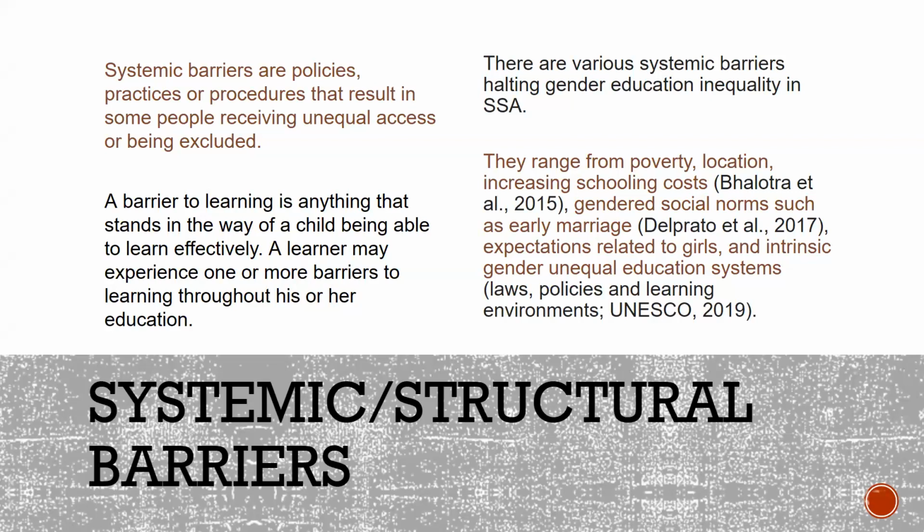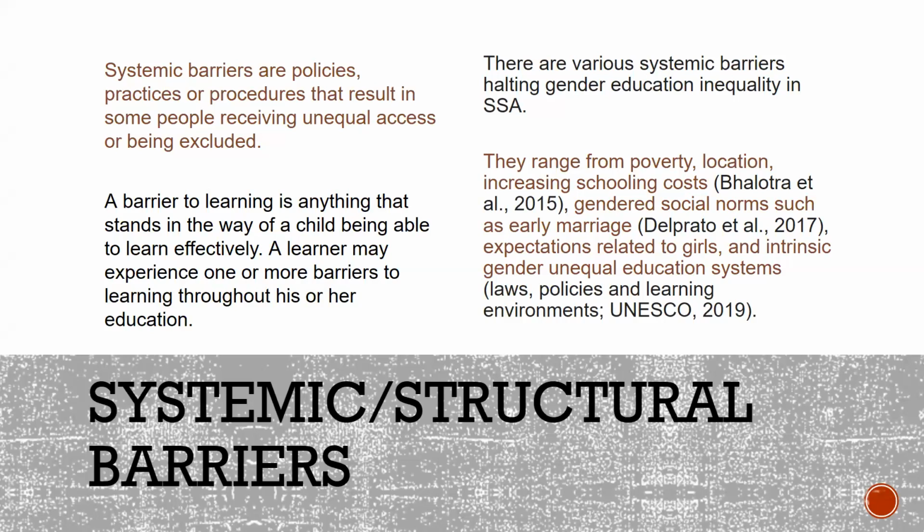A barrier to learning is anything that stands in the way of a learner being able to learn effectively. A learner may experience one or more barriers to learning throughout his or her education.